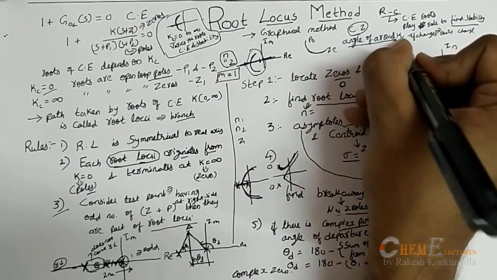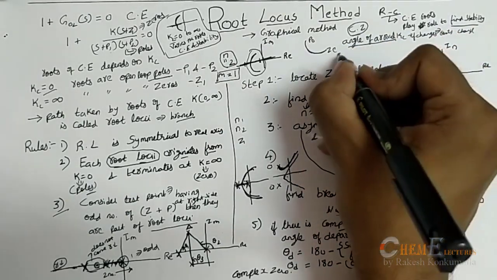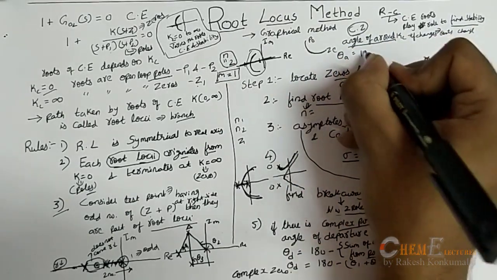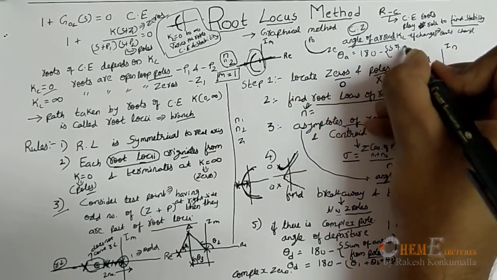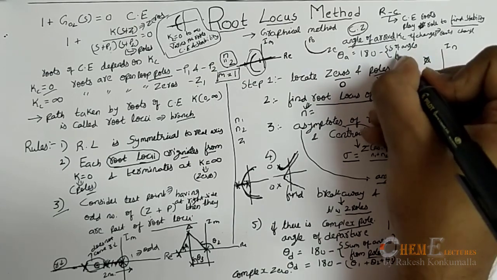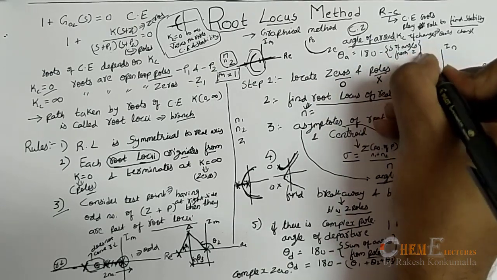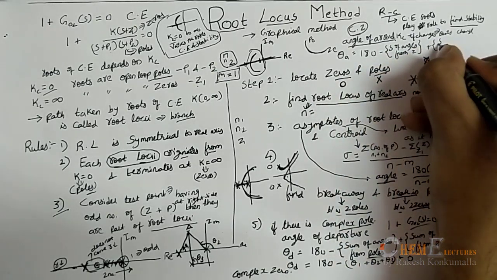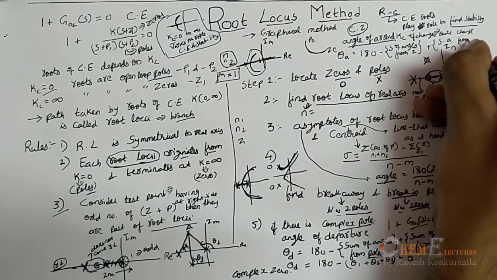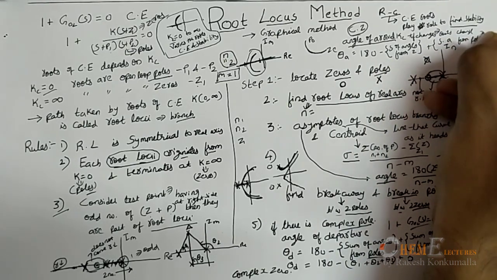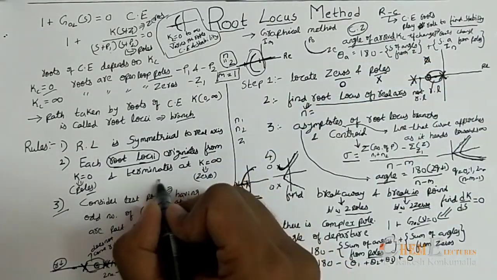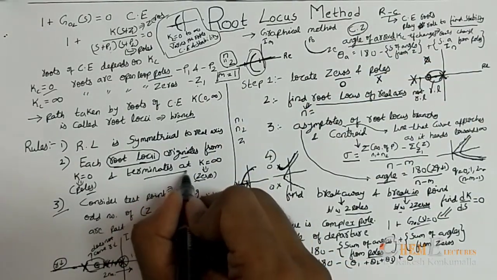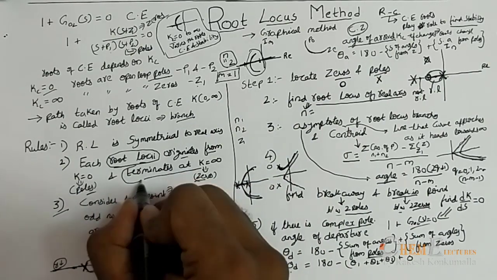This angle of arrival theta A is equal to 180 minus the sum of angles from poles plus the sum of angles from zeros. This will be my angle of arrival because the root locus always terminates at zeros.